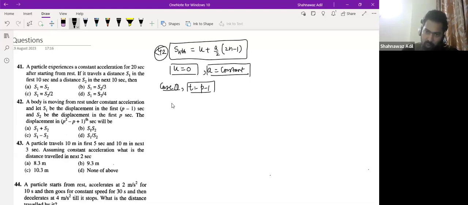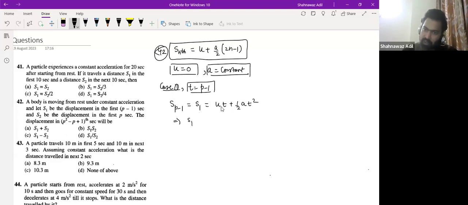So what would be the S at P minus 1? This is written as S1, and this would be UT plus half AT square. So how much is this thing?